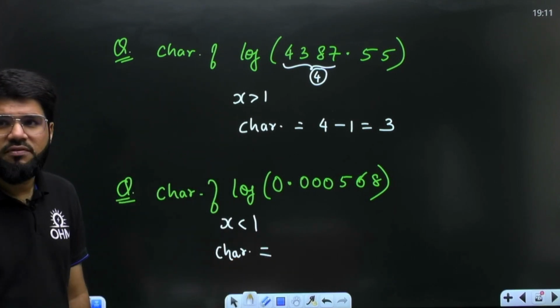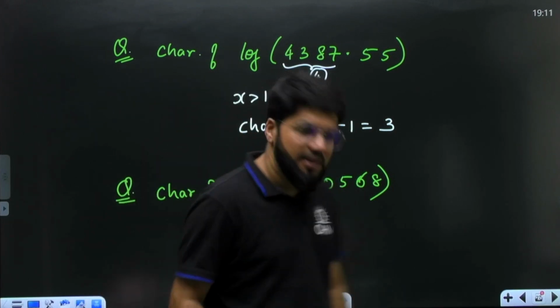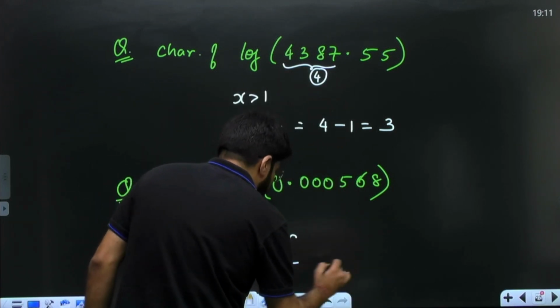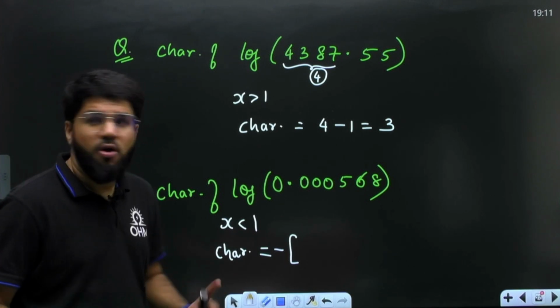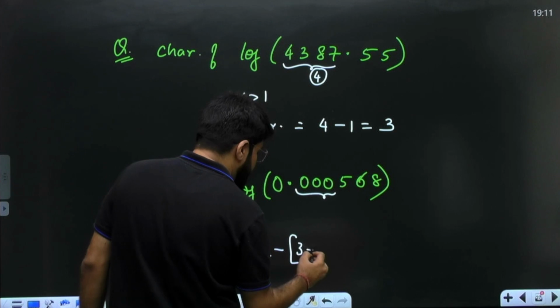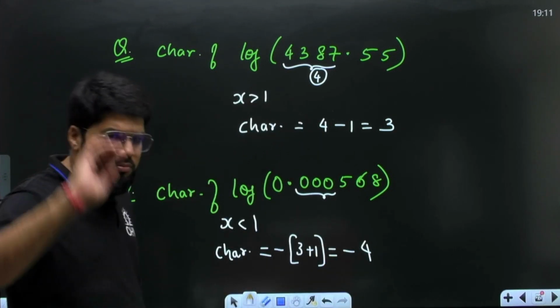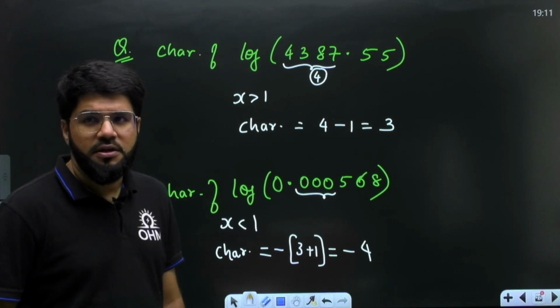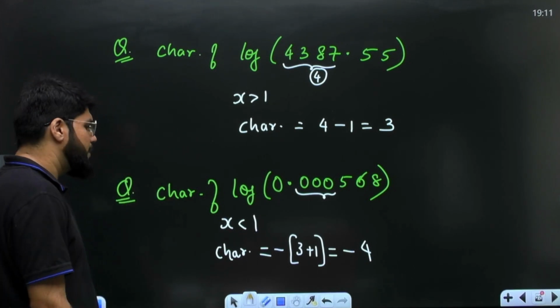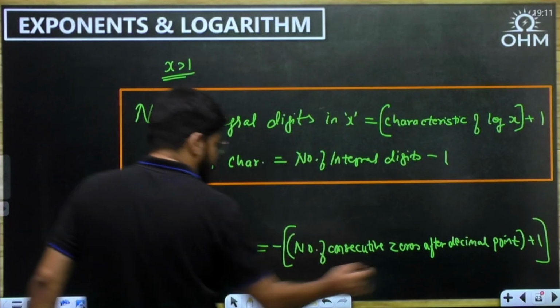For x less than 1, it is negative, of the number of consecutive zeros after the decimal point, which is 3, plus 1, and then negative. So the characteristic of this number, even if you try from the calculator, will be minus 4. Using these two results which I have told you, let me bookmark this also.